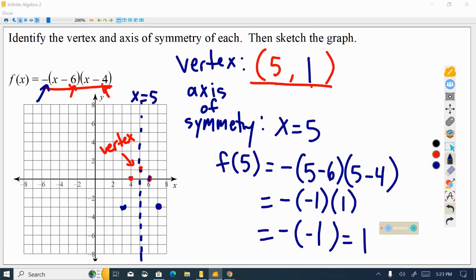So now if I go back to the vertex and I go over 3 squares, I'm going to go down 3 squared. So I count 1, 2, 3, and then I got to go down 3 squared, which is 9. So that's 1, 2, 3, 4, 5, 6, 7, 8, 9. And put that point down. And that's on both sides.